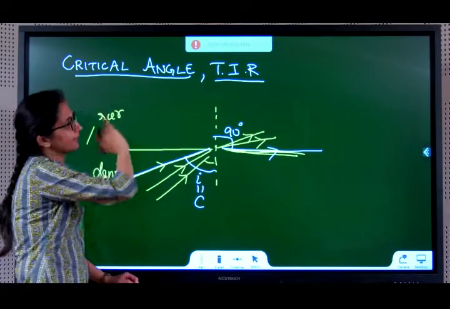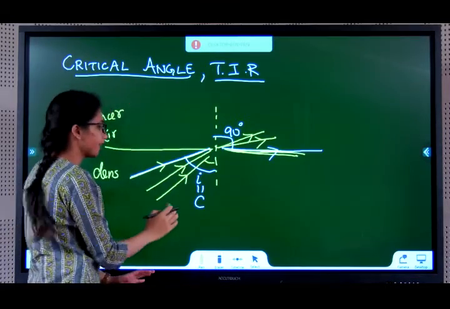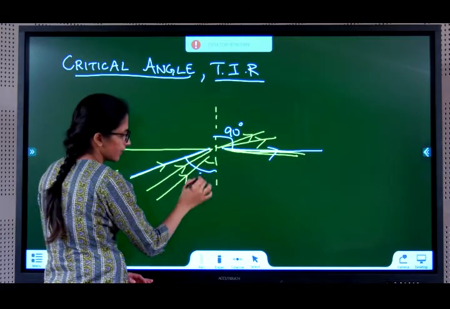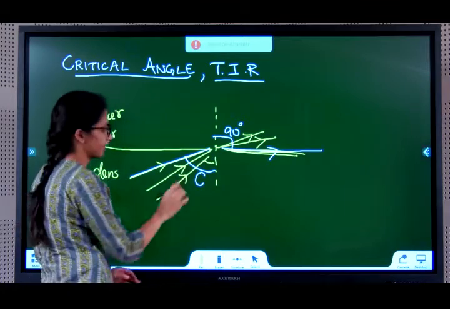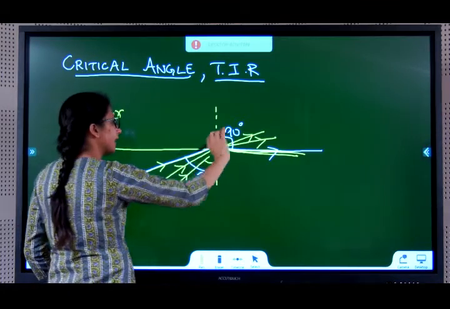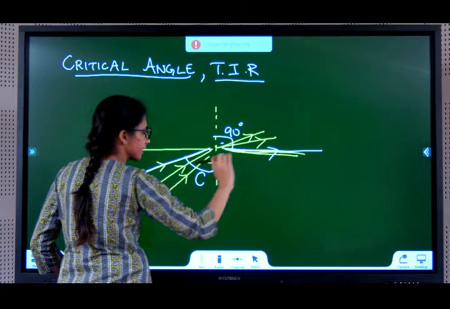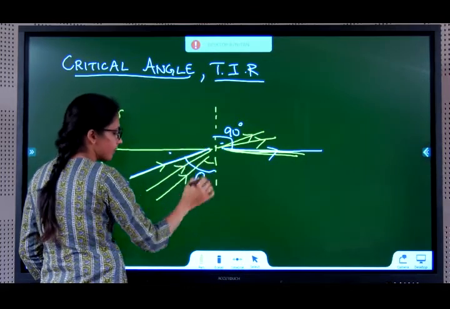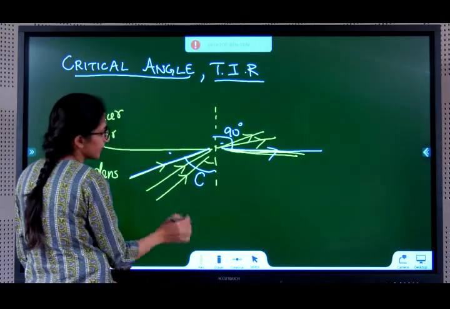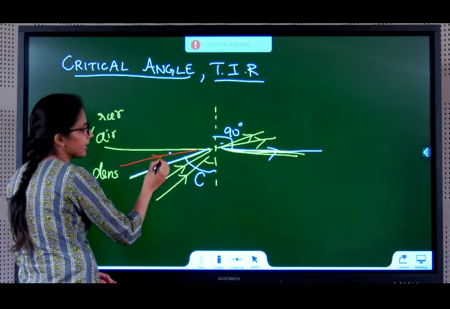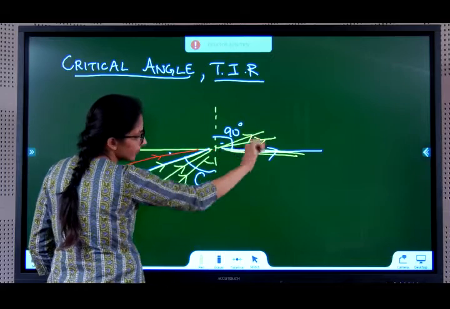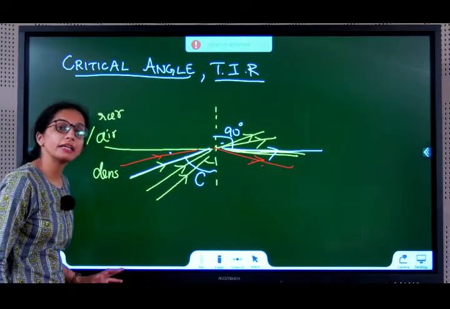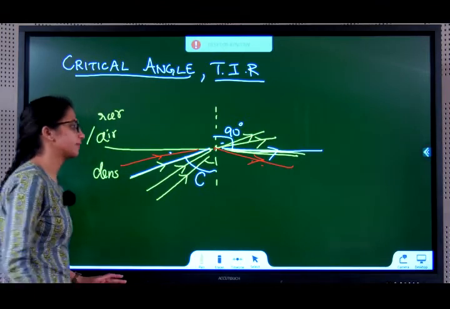This is the critical angle. What is TIR? If I increase this angle more than C, that means more than the critical angle. For the critical angle itself, it bent and it touched the surface. If I increase it more than C, then what happens? The ray will bend even more and enter the same medium.